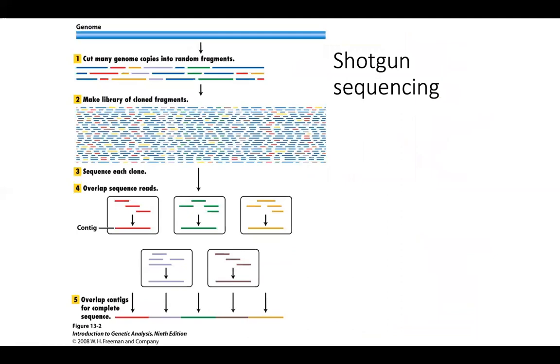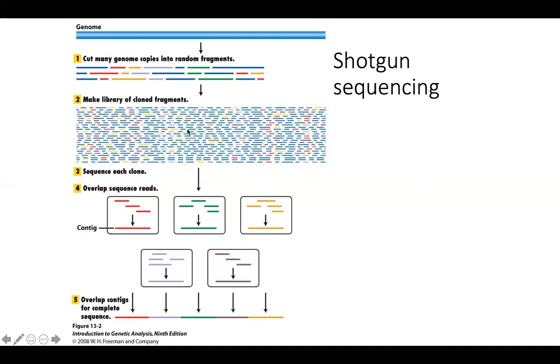The other prevalent method that is being used today is so-called shotgun sequencing. What we mean by that is that the genome is randomly sequenced. We take a genome, we have many genome copies, and we cut those copies into random fragments. Then we make a library of these cloned fragments.